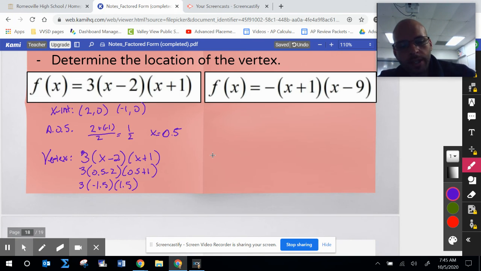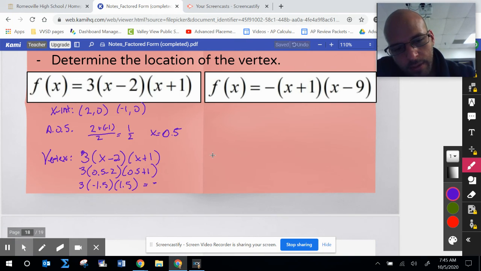And if you do this, now I would use my calculator, and actually I'm going to go grab my calculator. Sorry about that. If I type in 3 times a -1.5 times 1.5, I get a value of -6.75.